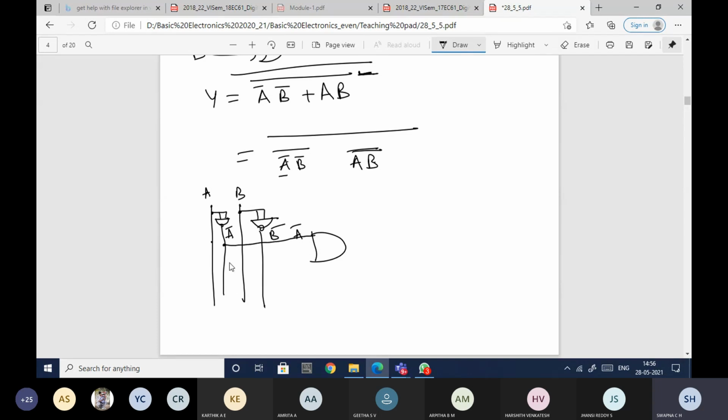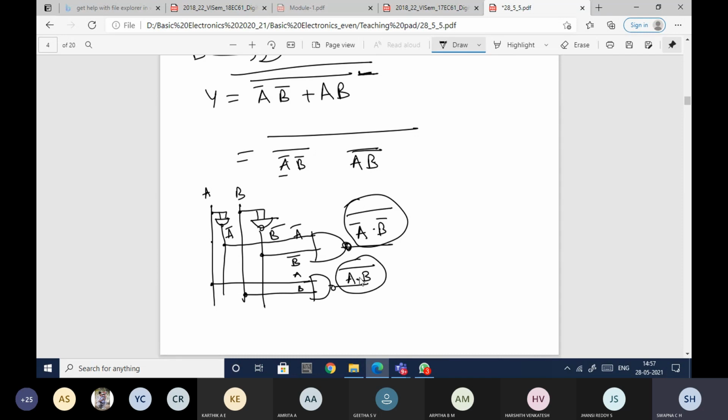This is A bar, this is B bar. Okay, so the output is the NAND gate of A bar, B bar, whole bar. Next I want AB. So this is A, this is B, this is A, this is B. Give it to the NAND gate so that the output of this NAND gate is (A dot B)whole bar. Now I want this term and this term AND-ed with this whole bar.